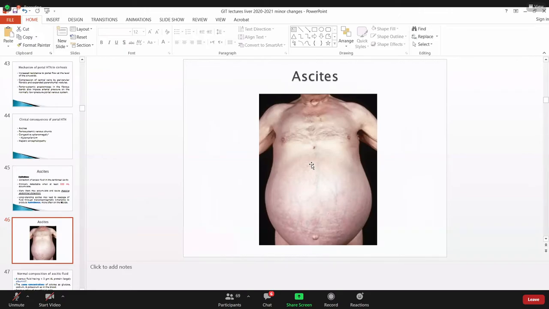These are the main factors, along with the development of anemia and the disruption of the lymphatic outflow or backflow circulation of the fluids in the peritoneal cavity.